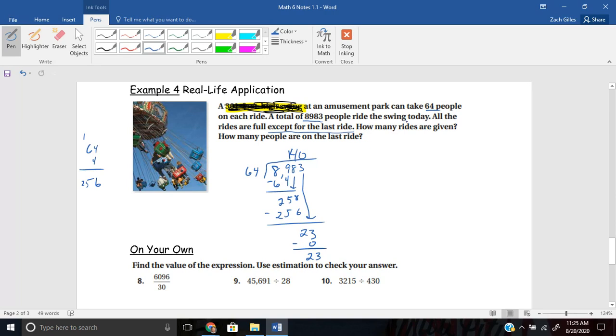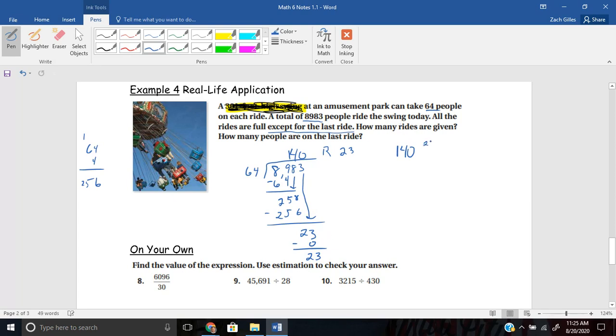Now, if maybe at some point last year you went like this, remainder 23. And really this year we're going to start getting away from using the remainder or the big R sign. We're going to get more used to writing it as a fraction. So I have 140 whole rides and then I'm going to write my remainder, this 23, as a numerator.